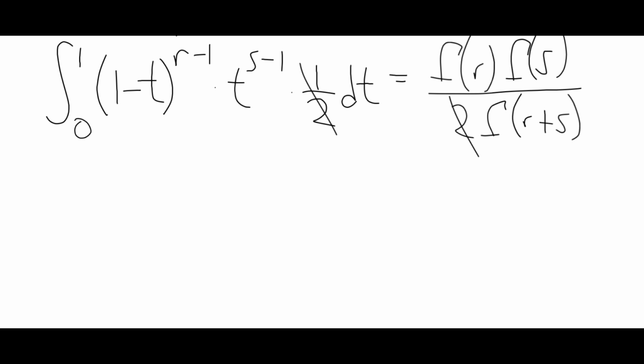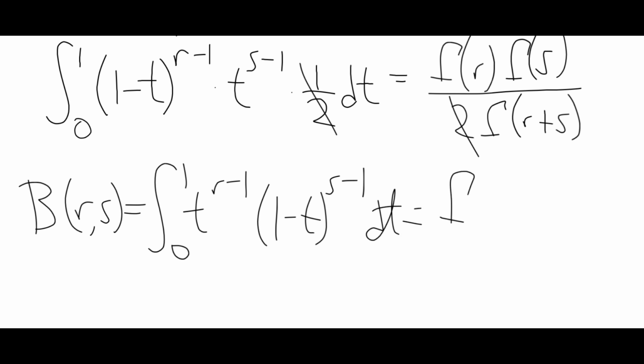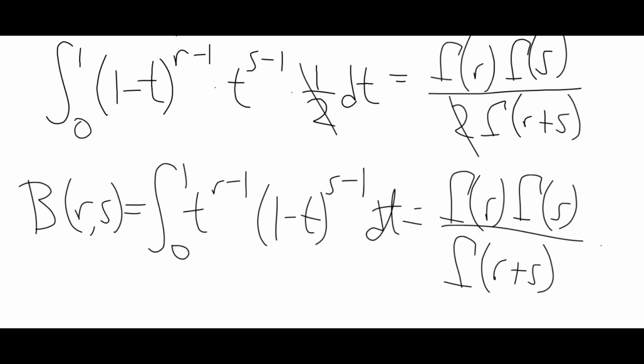Well, okay, flip r and s. So the beta function is the integral of t to the r minus 1, 1 minus t to the s minus 1, which is gamma of r, gamma of s over gamma of r plus s.